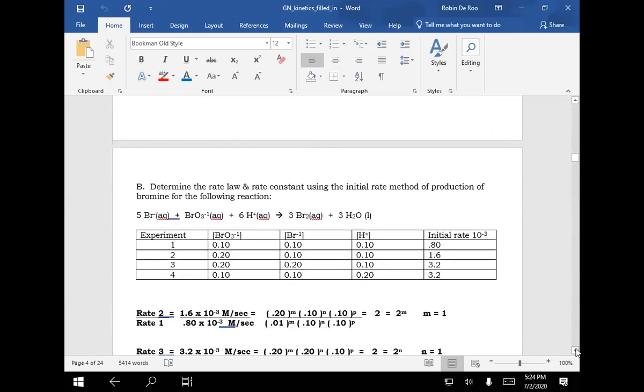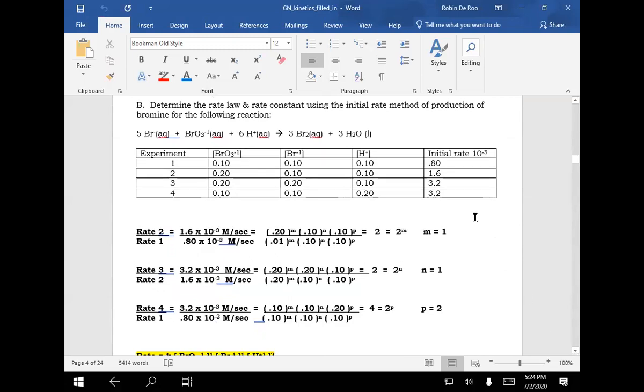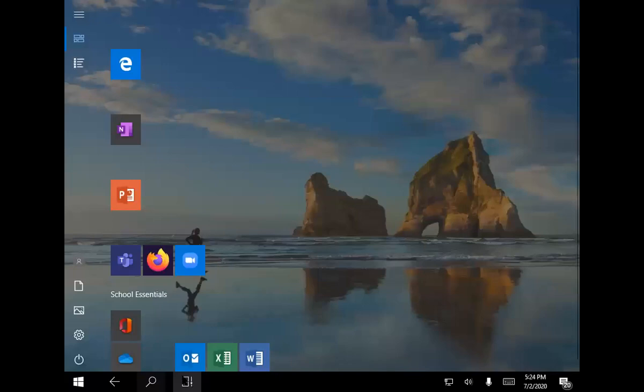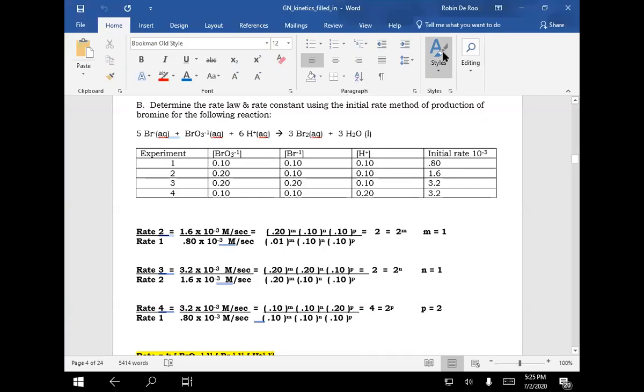Okay, so let's look at another example. This is just more practice. Well, I guess I need more practice in doing this, don't I? Okay.